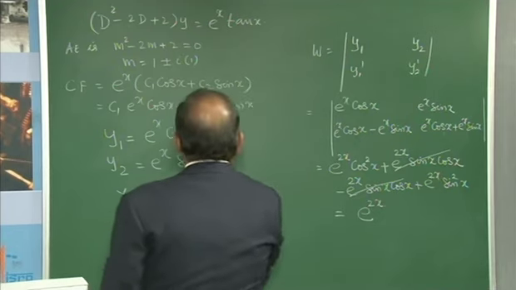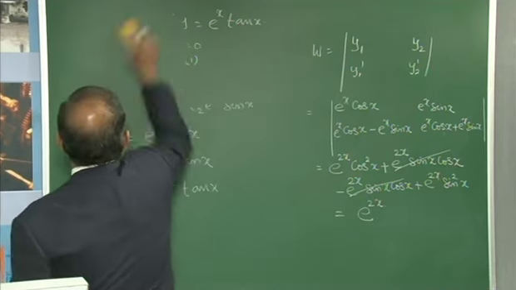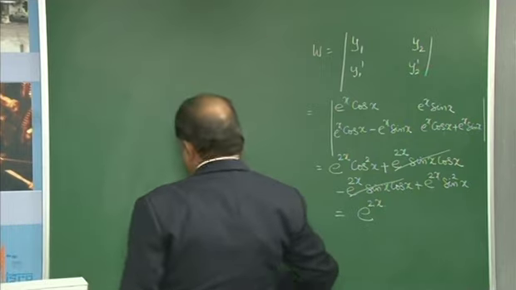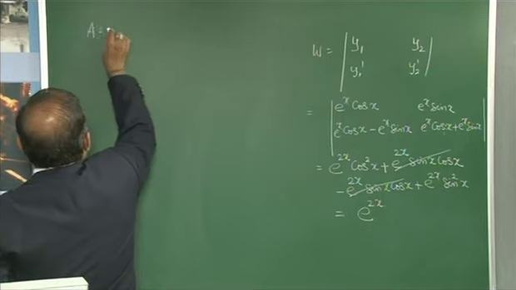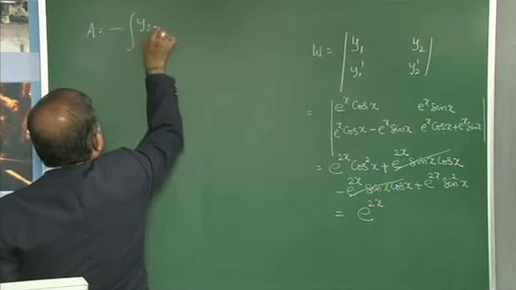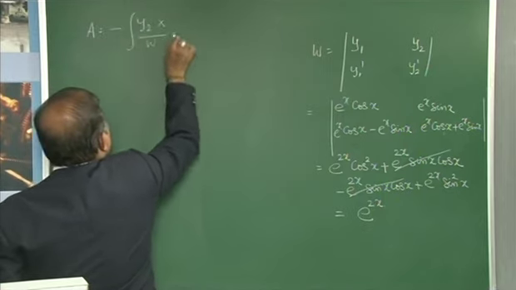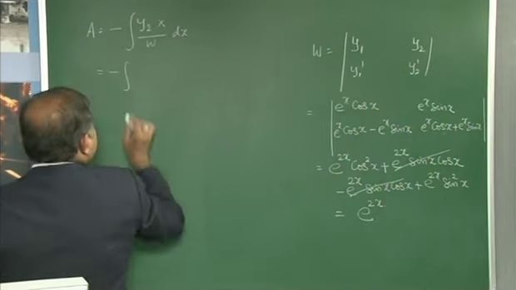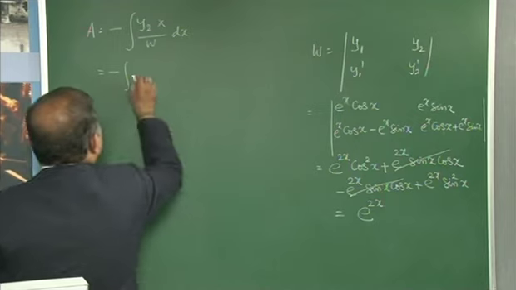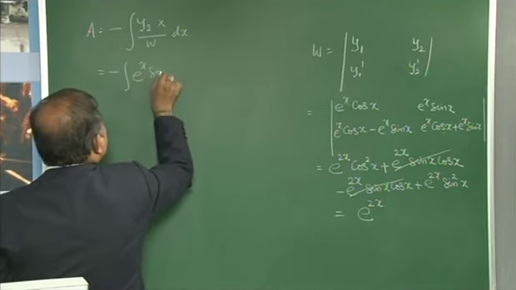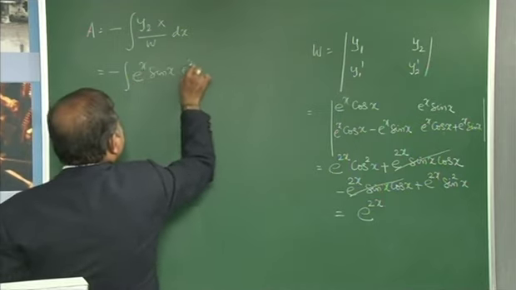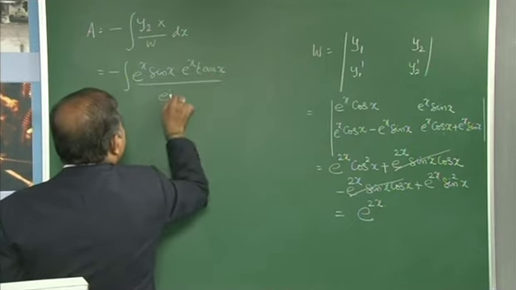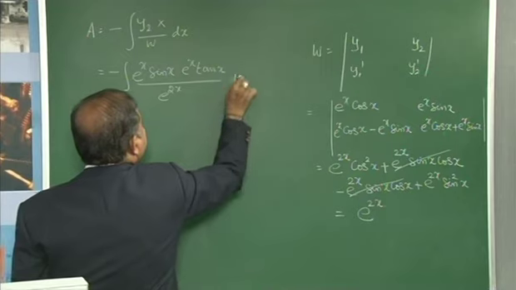Now what is my A? A is minus integral y2 capital X by W dx. So minus integral, what is y2? e^x sin x, capital X e^x tan x, by W e^2x dx.